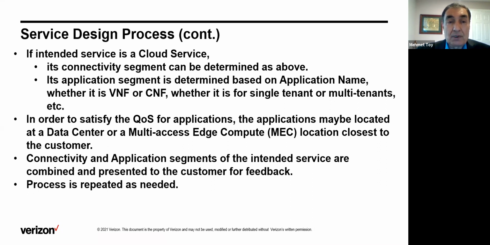Once I have those, the next step is how to satisfy the class of service or QoS requirements. For that, maybe I need to determine where to locate my application. Should I locate it in one of my data centers, or in one of my NAC locations close to the customer? So in summary, I tie the connectivity and application segments together and display the topology and the service design to the customer for feedback.